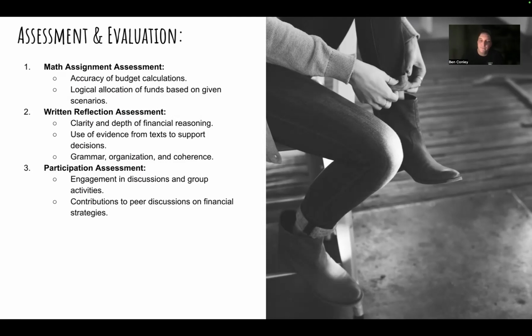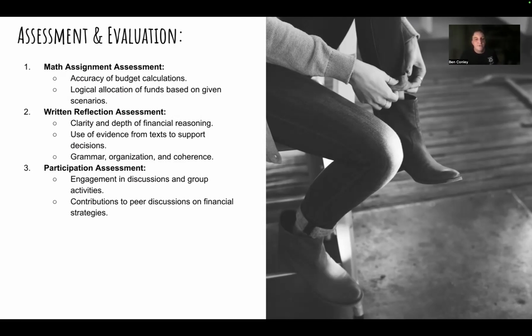And finally, the participation assessment. As I've shown a couple times before, there are multiple opportunities for the students to engage in discussions within their own groups and in a class discussion.